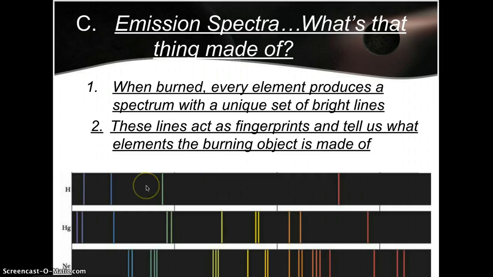So it's kind of like a fingerprint. If you were trying to figure out whose hands were on something, you would take a fingerprint off of that. Well, these lines act like fingerprints. So when we see spectral lines that look like this, we know it's hydrogen. Or when it looks like this, we know it's mercury. This is how we can learn about the composition of a star or a distant object.